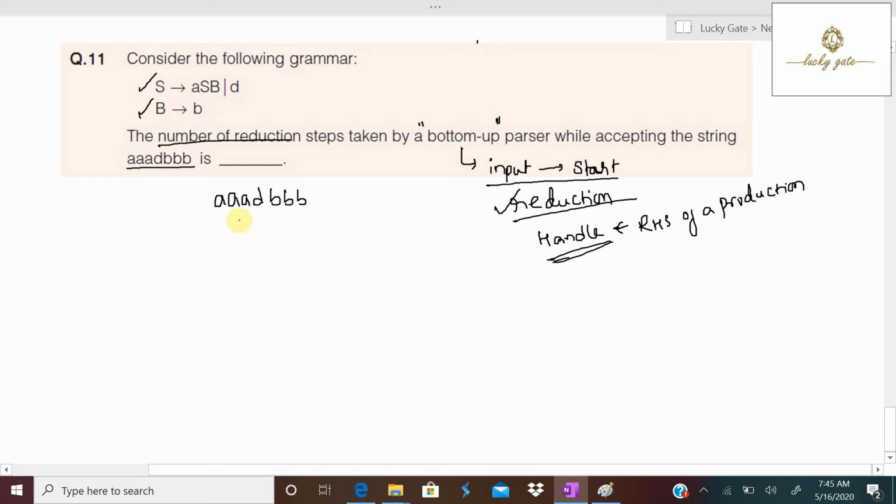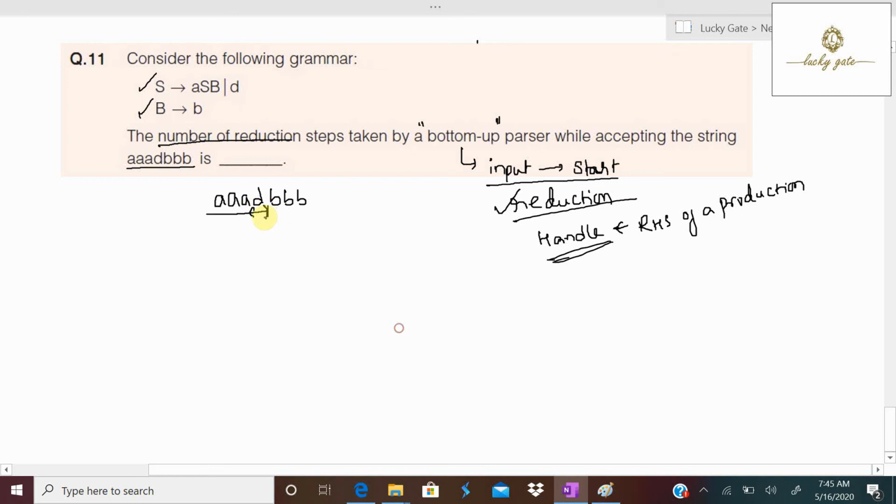What it does in handle pruning is scan the input from left to right and stop the process as soon as it sees the RHS of some production.